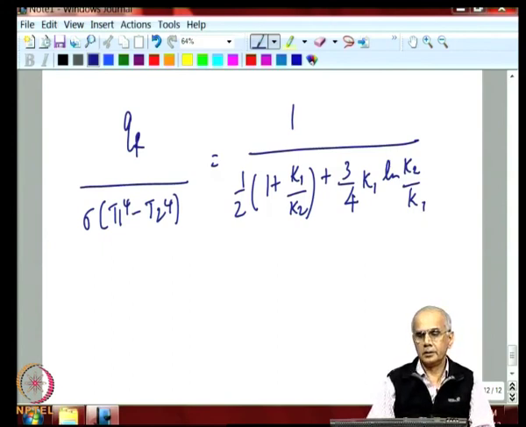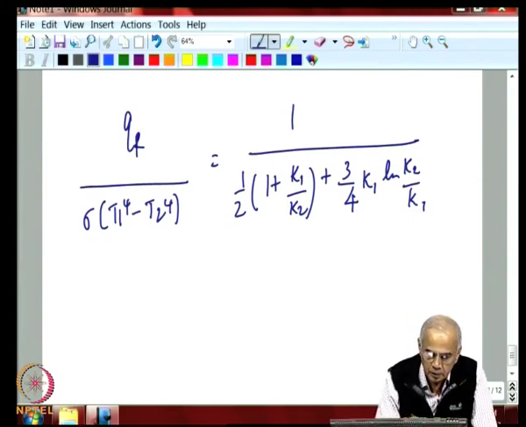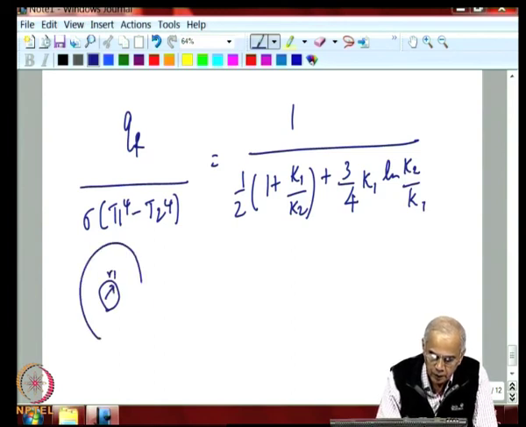Now, what you see here is that in the cylindrical geometry, the problem does get a lot more complex than it does in the plane parallel case, and your only case when you can expect the two results to come close to each other is to look at when, if you recall, this is R1 and this is R2.